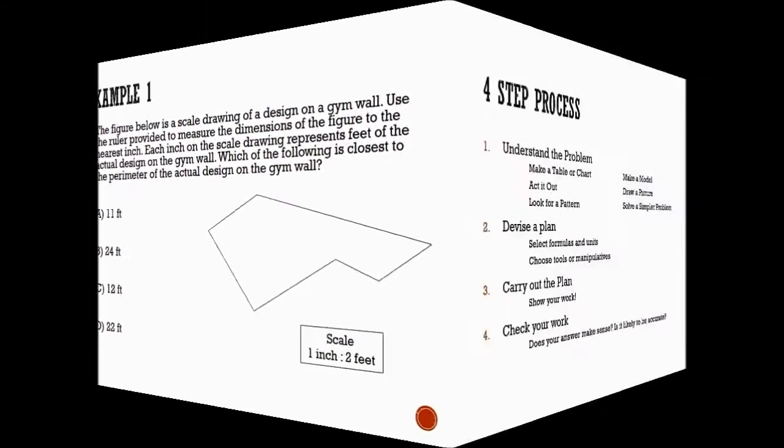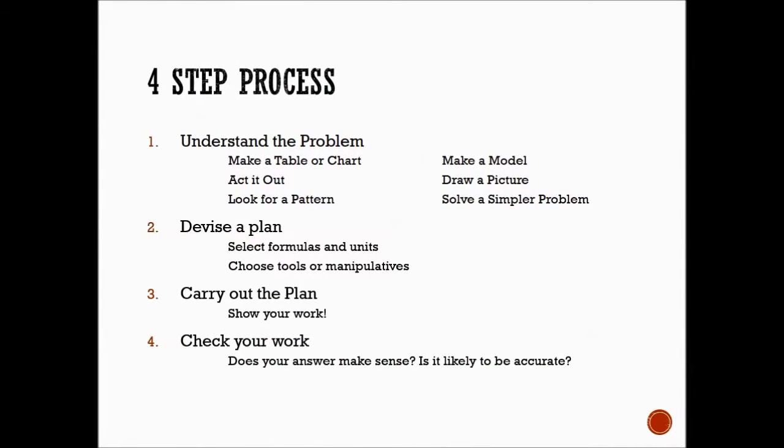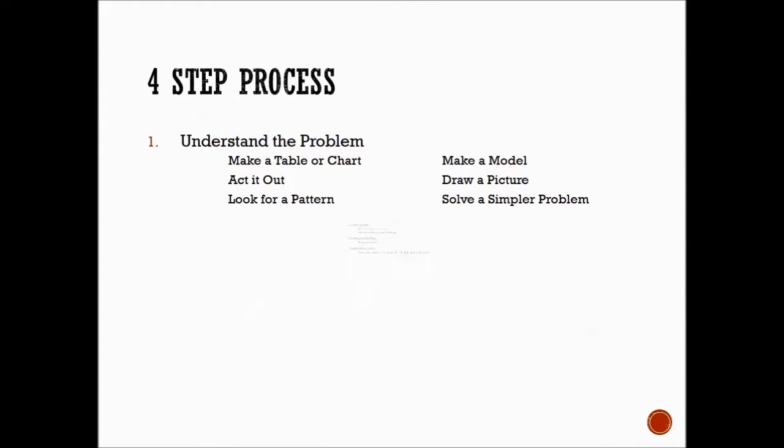Where do we start? Look at your 4-step process. Step 1 is to understand. Now, considering the problem, it's already helped us understand. It gave us a picture. We don't need to draw anything. All we need to do is look at the problem and find out what they're asking.